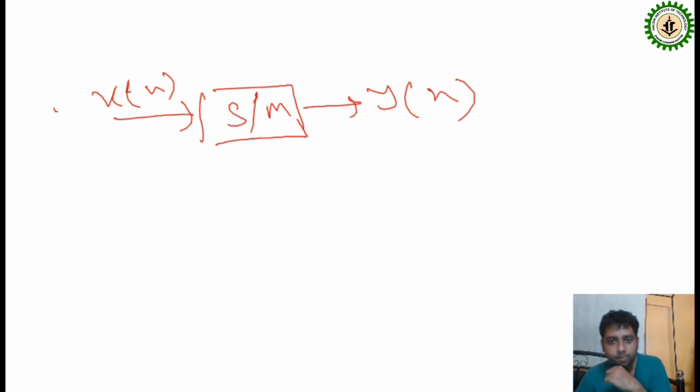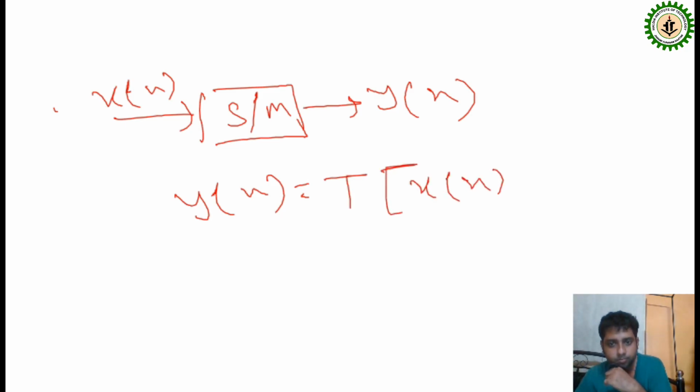Suppose we represent the system this way. I have written y(n) is equal to T of x(n).